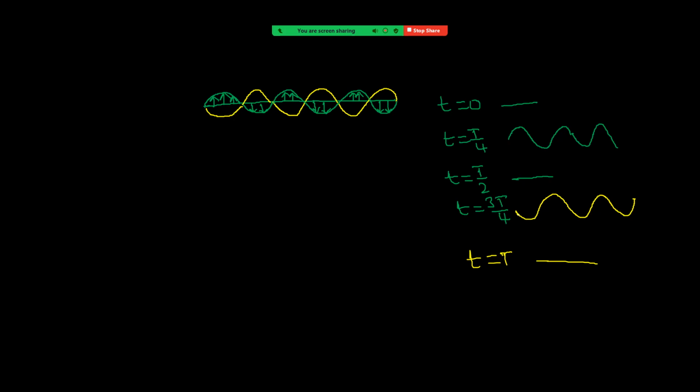So the shape of the string is now, it is the yellow line. And when t equal to T, all are coming to the mean position. That means it is a straight line, right? So this is what is happening, changing continuously: straight line, curve, straight line, curve, straight line. And these are happening very fast.